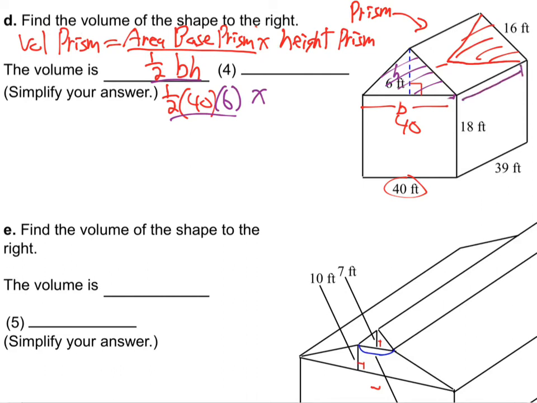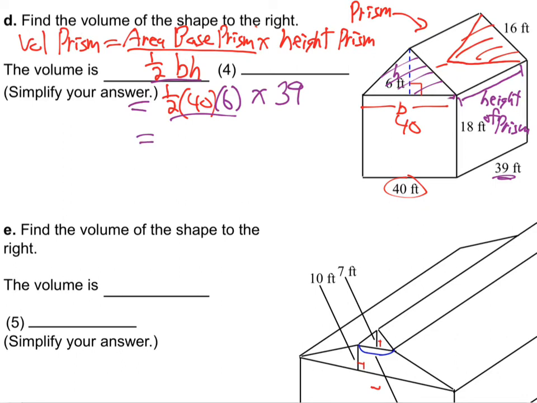This here is the height of the prism. It's just sitting on its side, right? Because the triangle bottom and top are actually side and side. So it's laying on its side, and that's the 39. 39 is the height of the prism.